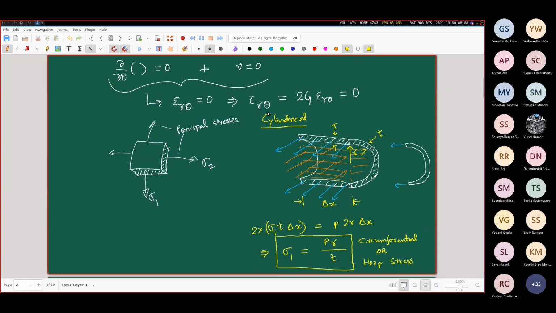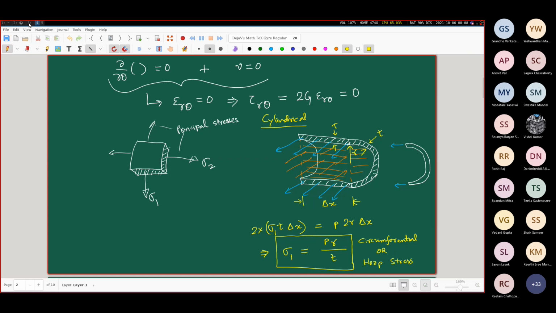This tau r theta shear stress is acting on which plane? That is my question to you. So the plane perpendicular to which axis? Can you please? I could not hear.